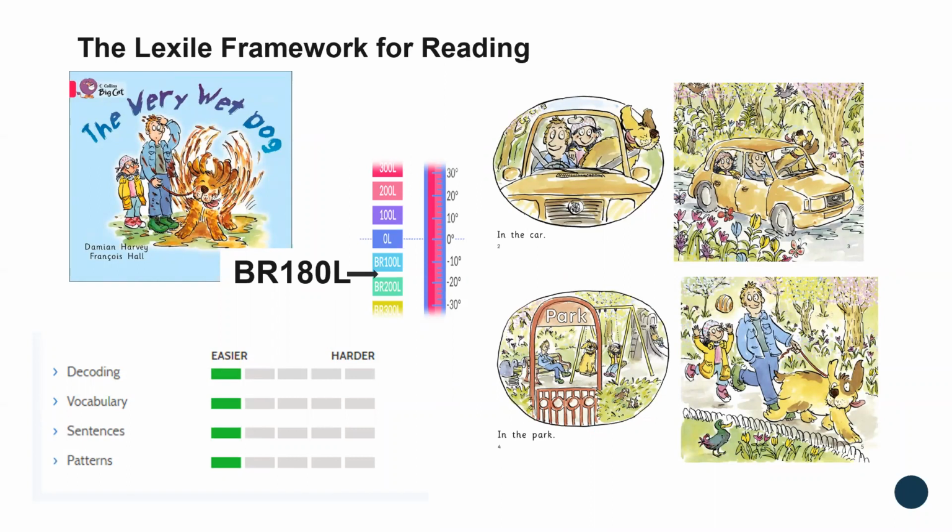The Lexile framework for reading, in this instance, the Very Wet Dog, has a measure of a beginning reader 180L, or BR 180L. And you can see with the selections of the text from this book very high frequency words, very short sentences, very easily read words for the child that will be interested in this particular text.